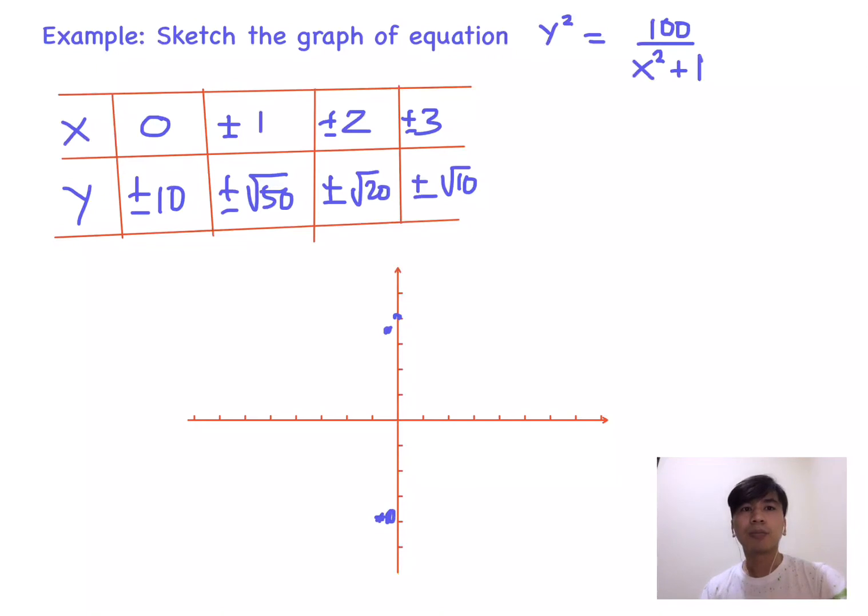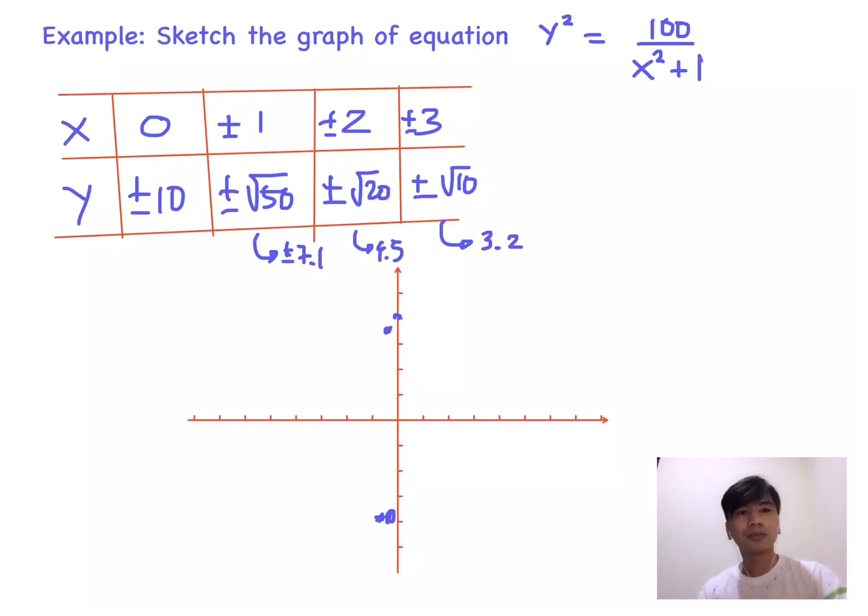Now plus or minus square root of 50 is around plus or minus 7.1, and then plus or minus square root of 20 is about 4.5. Wow, how can you tell, Mr. Budi? Yeah, I counted first. And then plus or minus square root of 10 will be 3.2. Correct me if I'm mistaken.